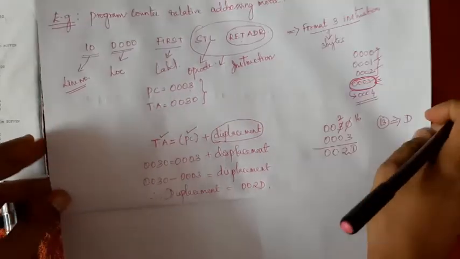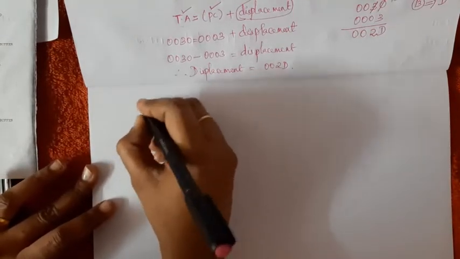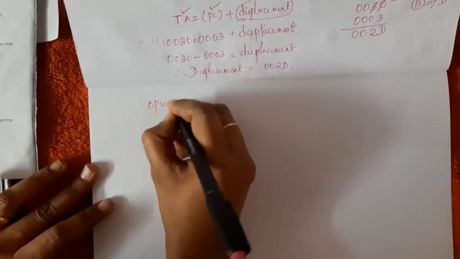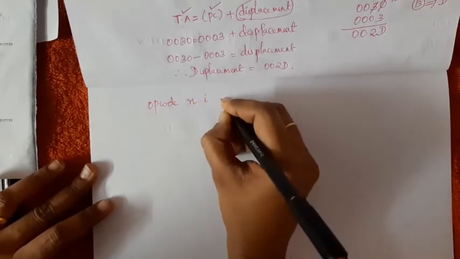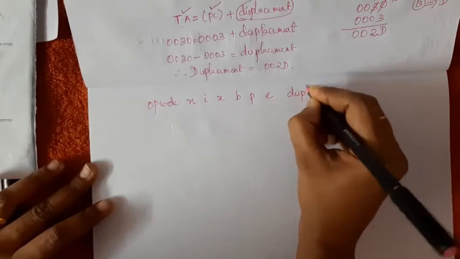Now we have to draw the format for a format 3 instruction. We'll draw it here: opcode, then N, I, X, B, P, E, and displacement.